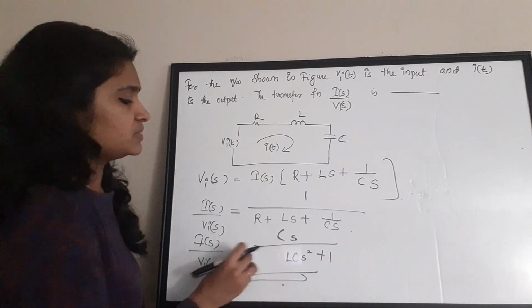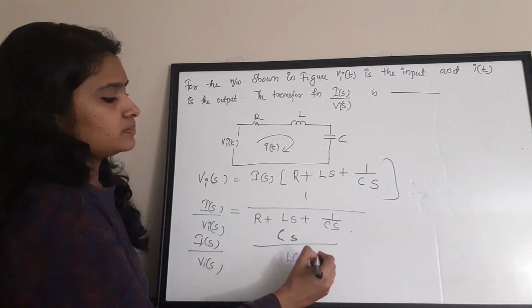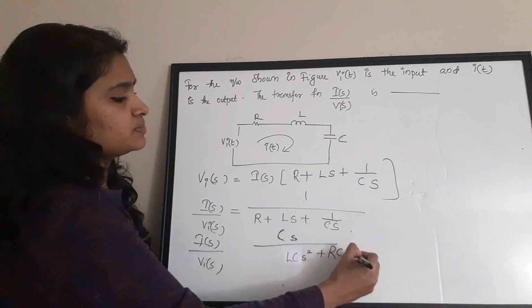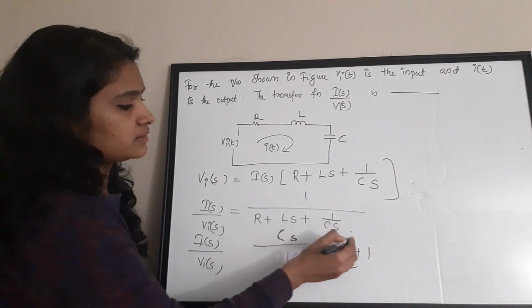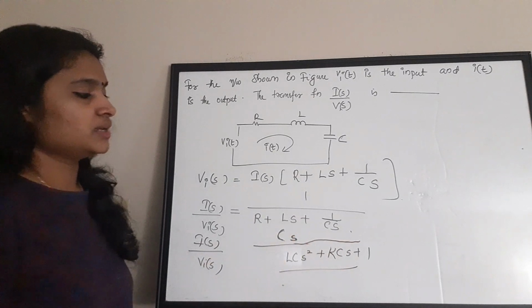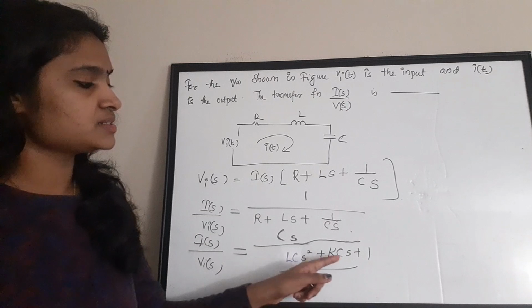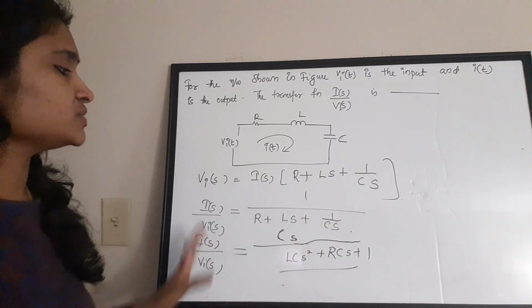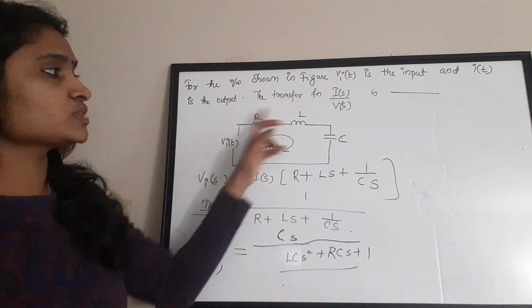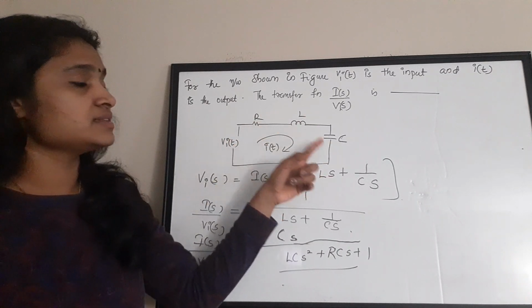Or in a more simplified way, CS by LCS square plus RCS plus 1. Now it looks standard. So this is the transfer function I of S by V of S for this particular network connection of resistance, inductance and capacitance.